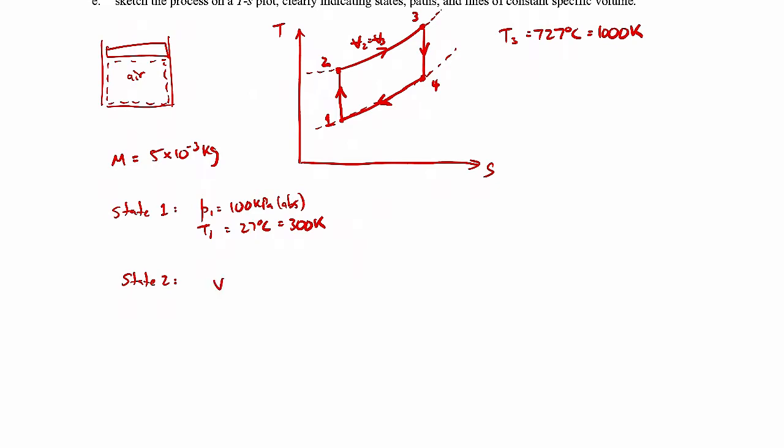If you recall, the way we use relative volumes is we have the volume at 2 over the volume at 1. It's the same thing as the specific volume at 2 over the specific volume at 1, because the mass remains the same. That'll be related to the relative volume at temperature T2 over the relative volume at temperature T1. Remember that you can only use those relative volumes for an isentropic process involving an ideal gas.